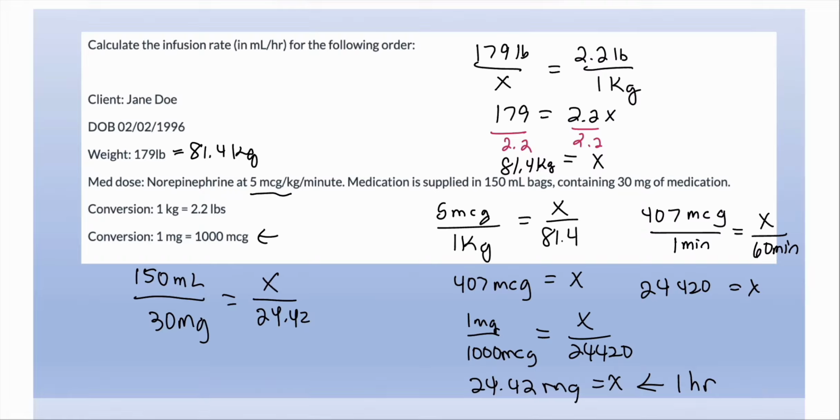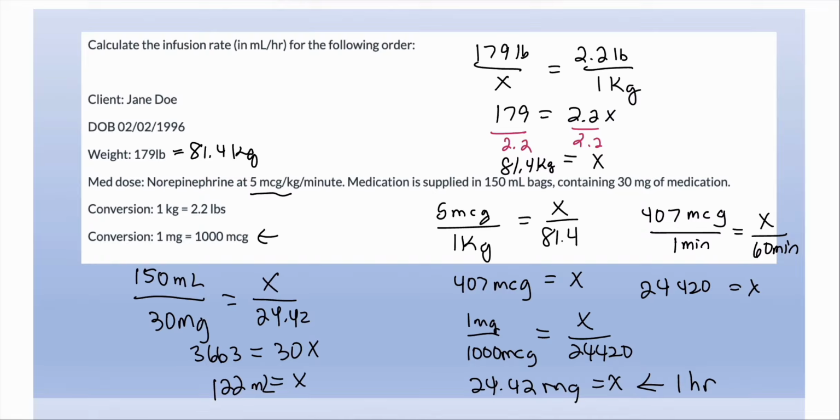So you notice we're going to do 24.42 times 150, which is 3,663 equals 30x. So we divide by 30. And we get 122.1, which we're going to leave as 122 milliliters. So that's how much we have to give in an hour's time.